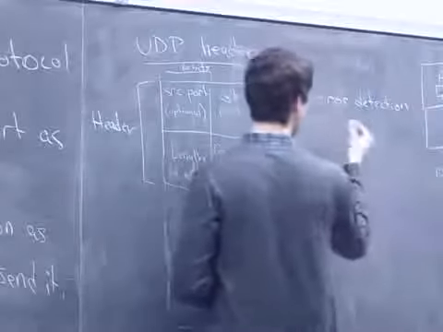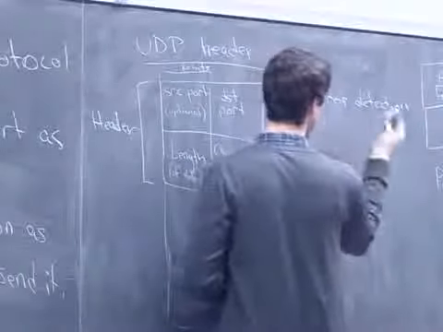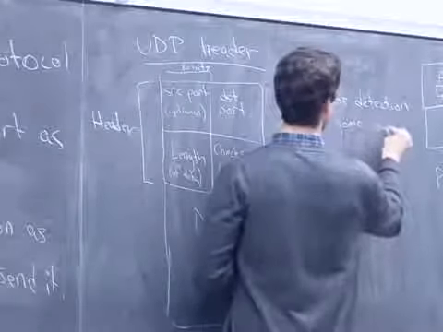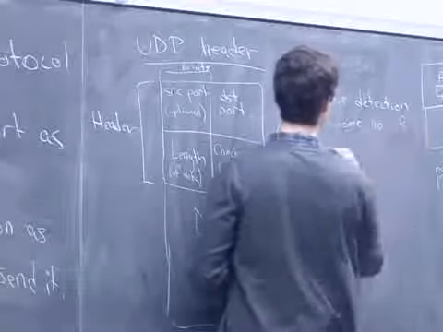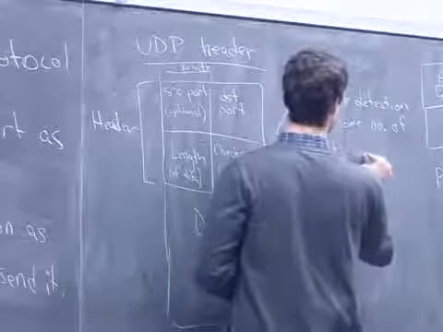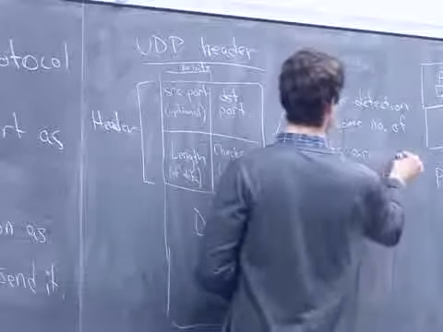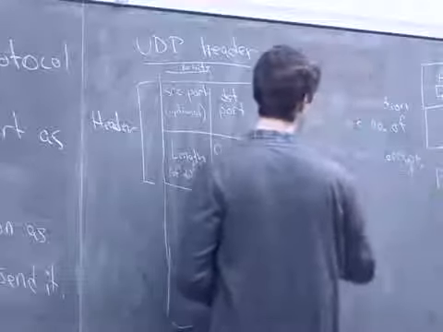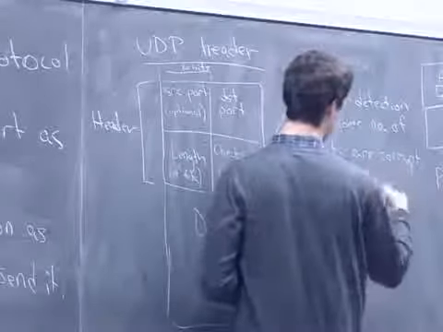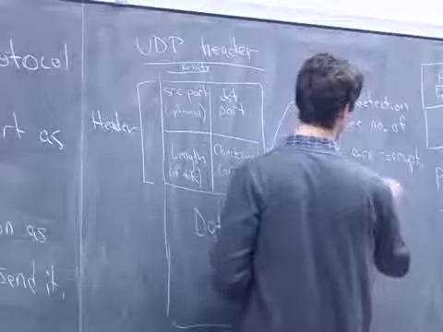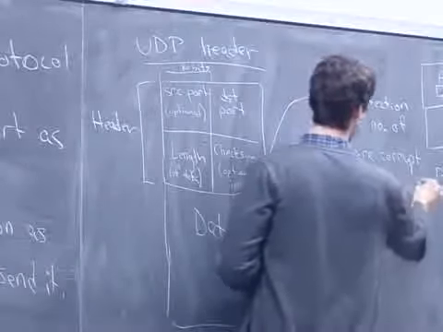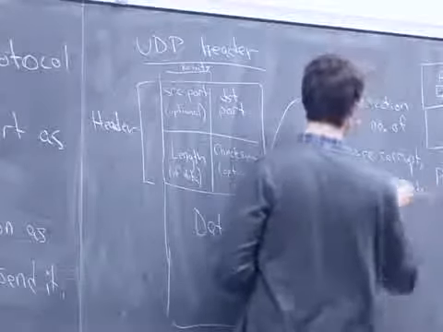Meaning that if some number of bits are corrupted, then the transport layer can identify this. In our case, I guess the transport protocol is UDP.